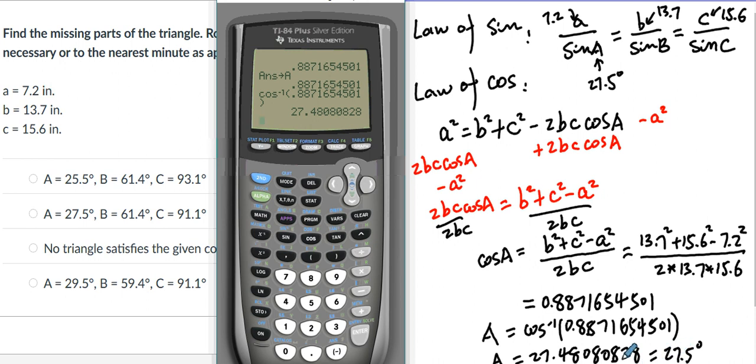Rounded, it is 27.5. So it looks like this one is right.